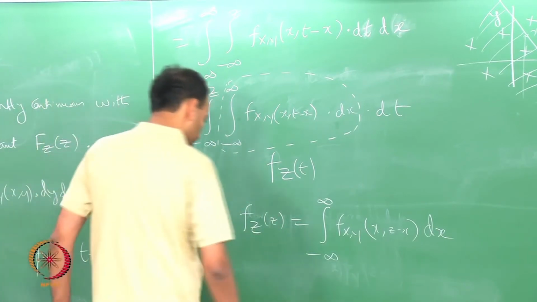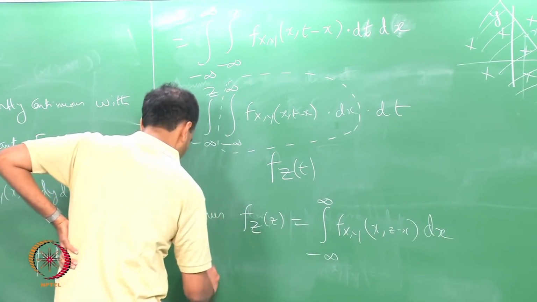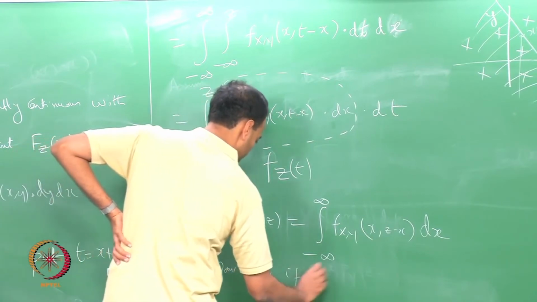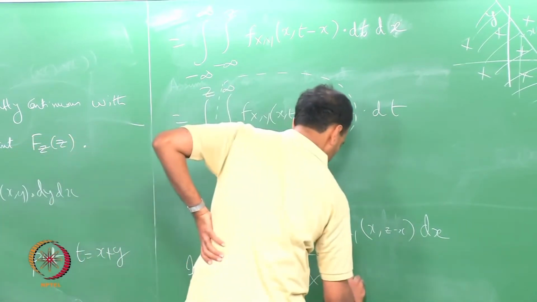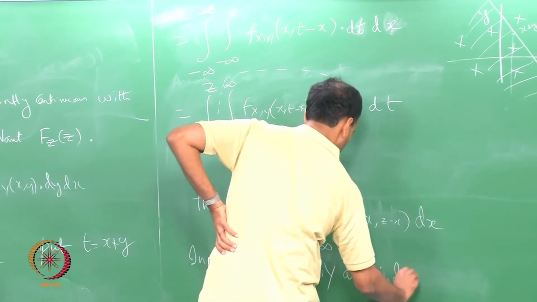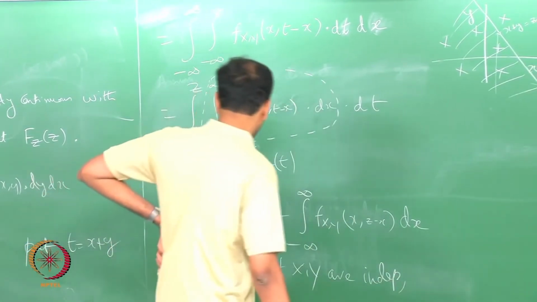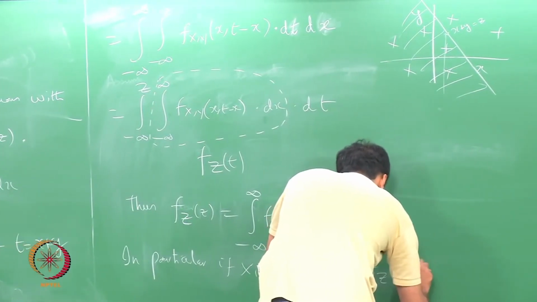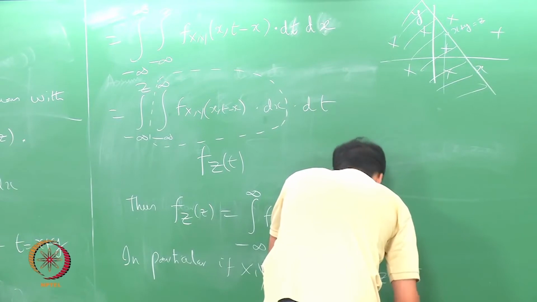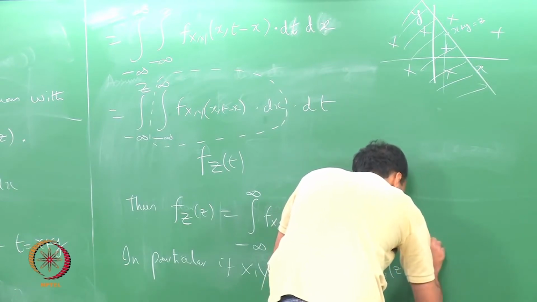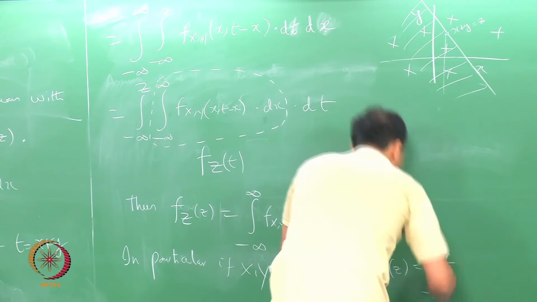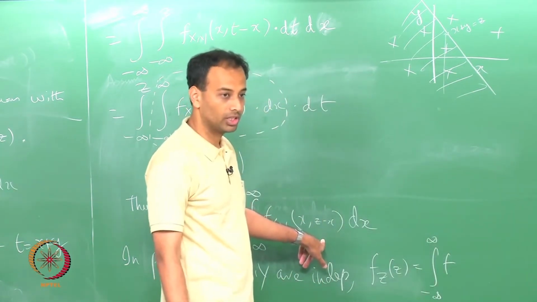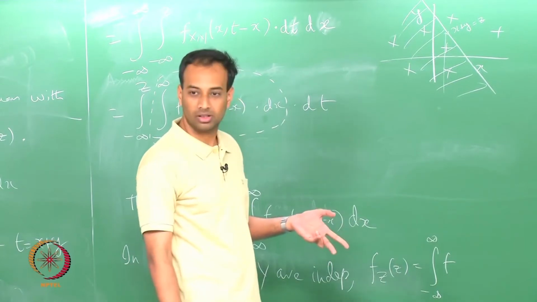And then you say, in particular, if X and Y are independent, you will get f_Z of little z is equal to the integral from minus infinity to infinity. I know that almost everywhere the joint density will product out into the product of the marginal densities.